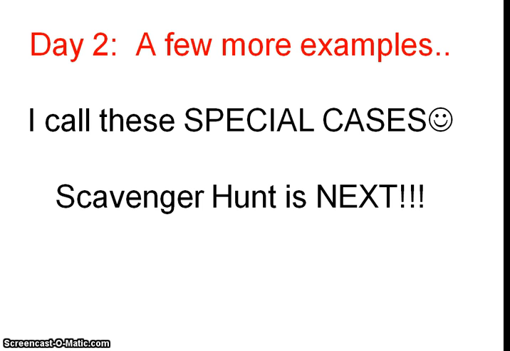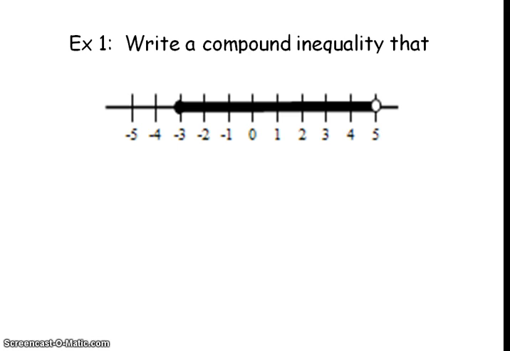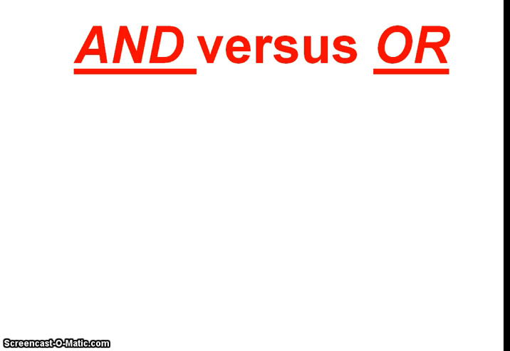So here we go. We are going to talk about a few examples that we consider special cases. All right, and versus or. We really need to talk, and we discussed this yesterday, and I'm sure everyone in Ms. Scabus's class discussed as well, that and is really more like the overlap.